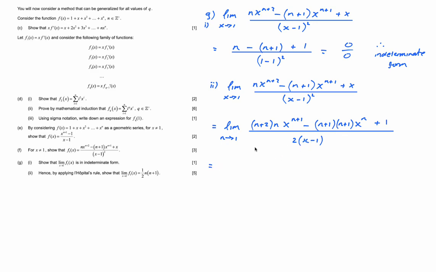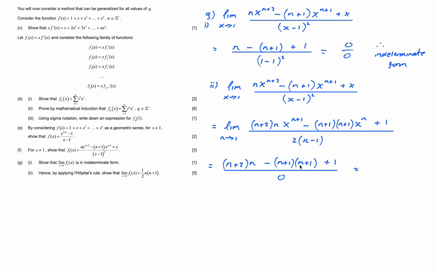Okay, then we sub in 1. If I sub in 1 here, I'm going to get n plus 2 times n times 1 minus n plus 1 times n plus 1 plus 1 over 0, and this is equal to n squared plus 2n minus n squared plus 2n minus 1 plus 1.